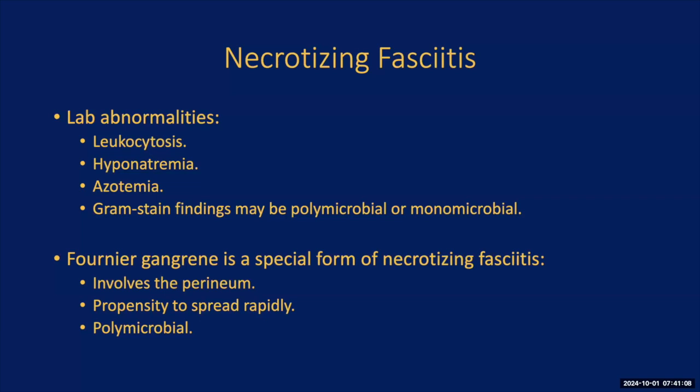And some of these areas are actually devoid of the deep fascia. So that definitely makes it easier to spread. And typically, this is polymicrobial, typically seen in diabetic individuals.